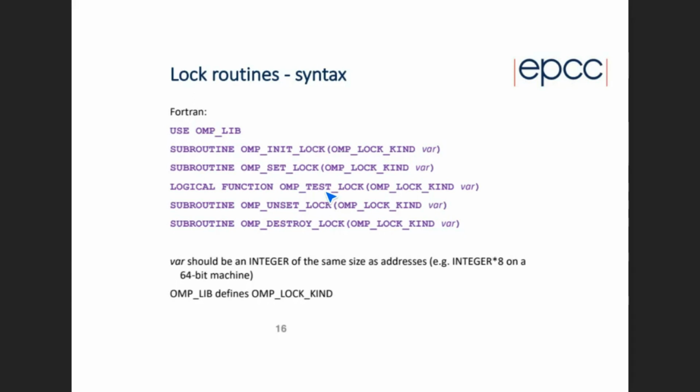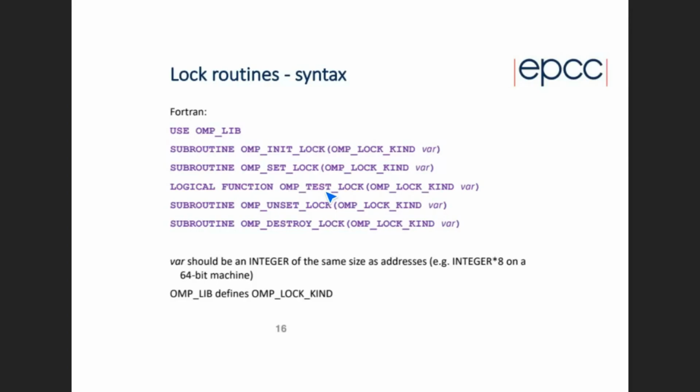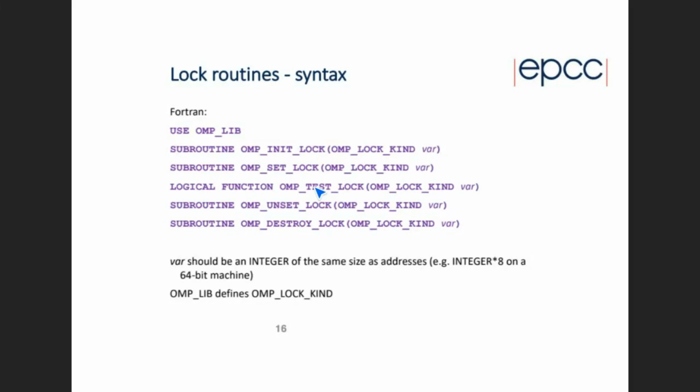You might expect from the name that you can use it to test whether the lock is currently set or not. That's not what it does. Confusingly, test lock is the non-blocking set, and it returns true or false depending on whether the attempt to own the lock was successful or not.